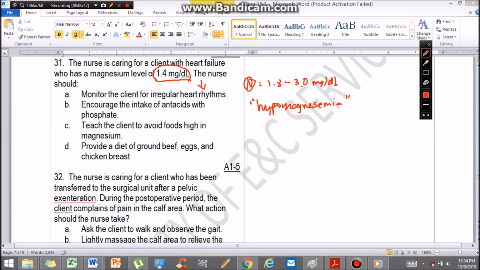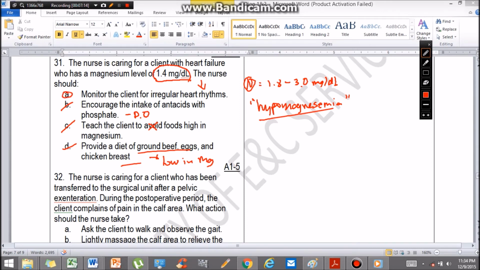A. Monitor the client for dysrhythmia. B. Encourage the client to increase intake of antacids. Eliminate because this is under doctor's order. C. Teach the client to avoid food high in magnesium. No, the client should not avoid it because the client is hypomagnesemic. D. Provide a diet of ground beef, eggs, and chicken. Eliminate because these foods are low in magnesium.